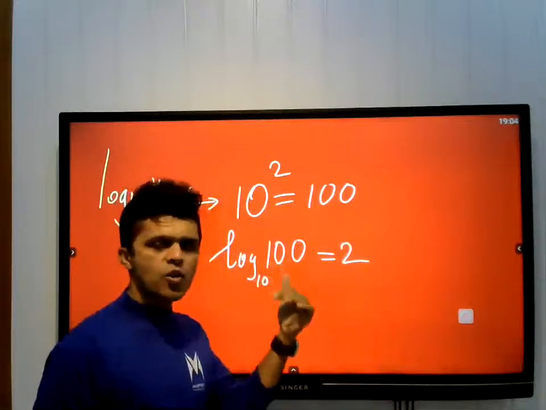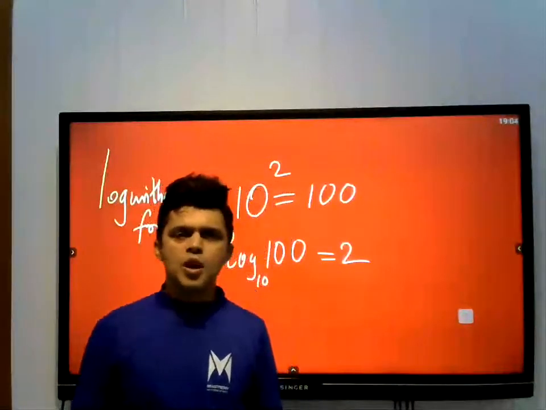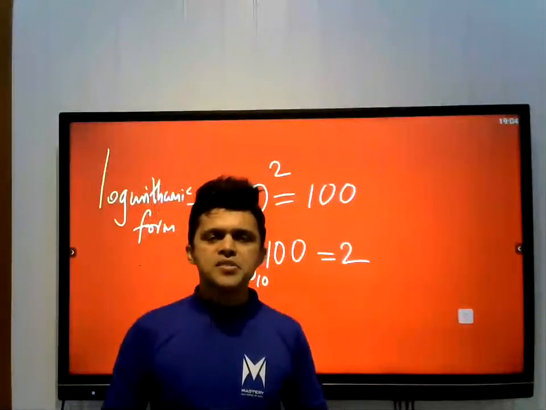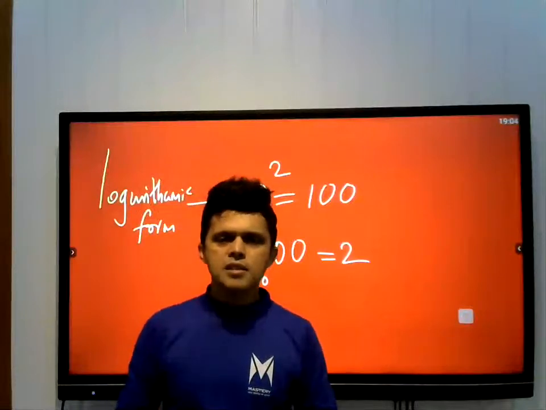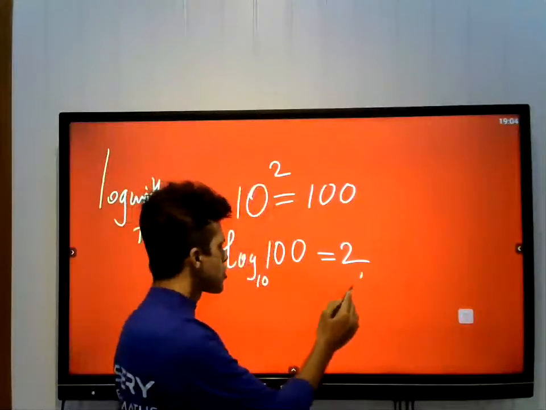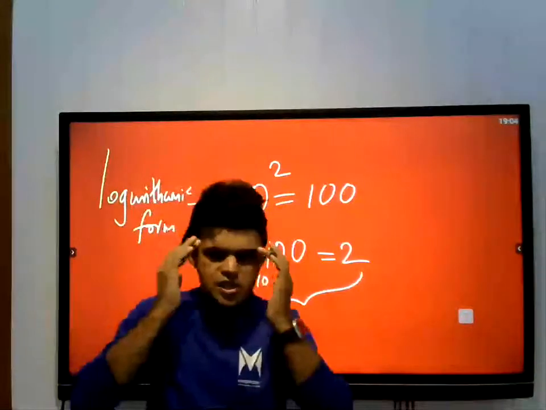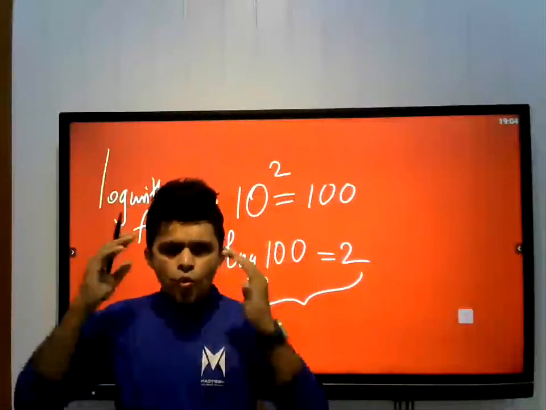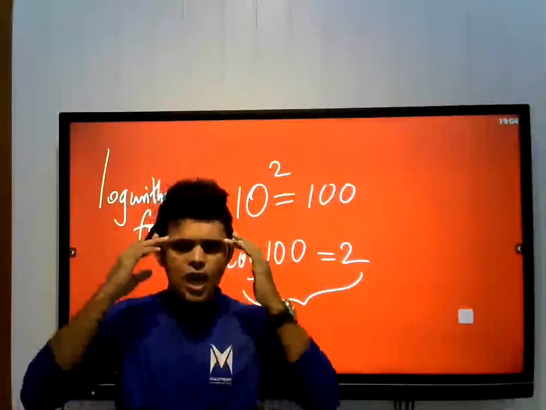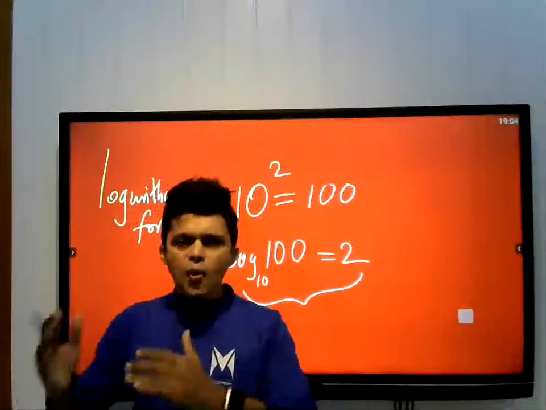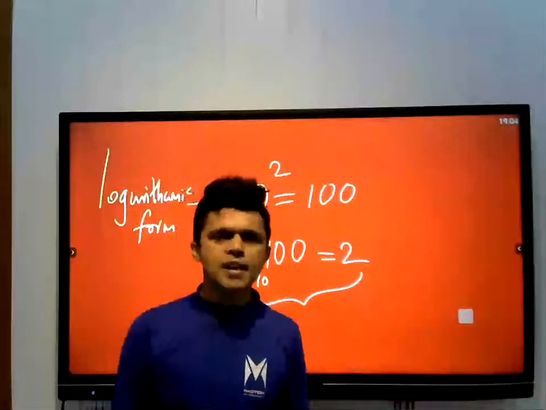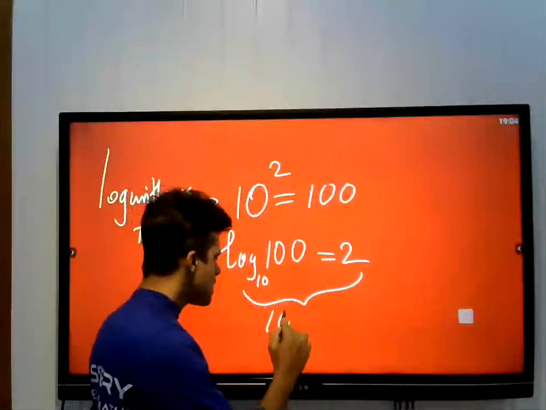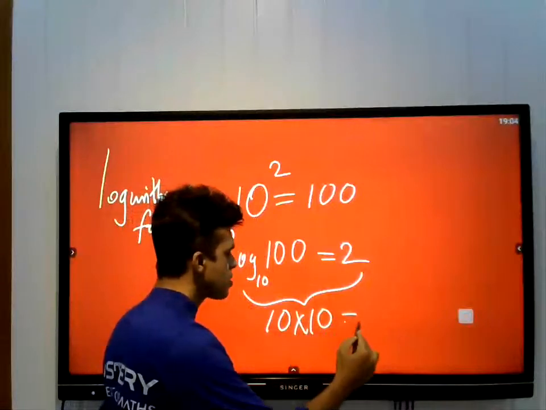This is written as log 100 to base 10 equals 2. It asks: to get 100, how many times do you multiply 10? 10 times 10 equals 100.